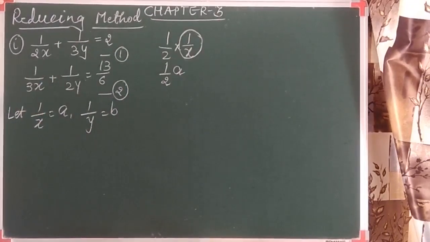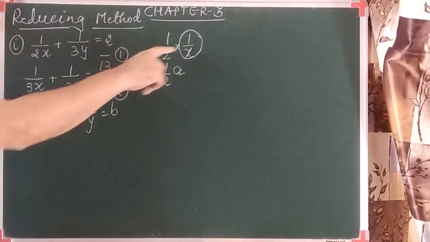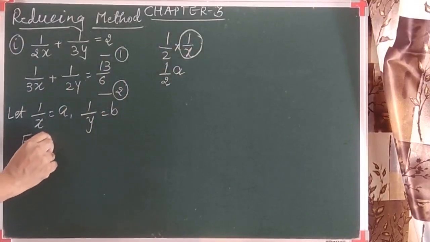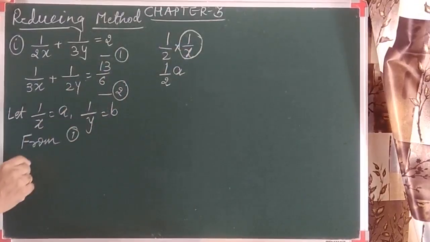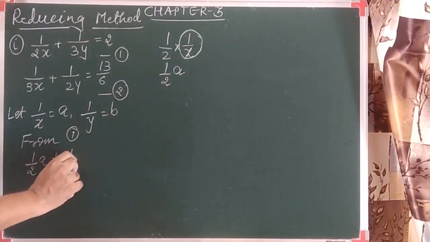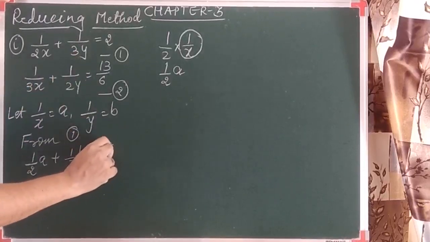I observe that many students make this mistake. 1 by 2 should remain as it is, but 1 upon x should be written as a. So from equation 1, it should be written as 1 by 2 into a plus 1 by 3 into b, the same I have used here, is equal to 2.